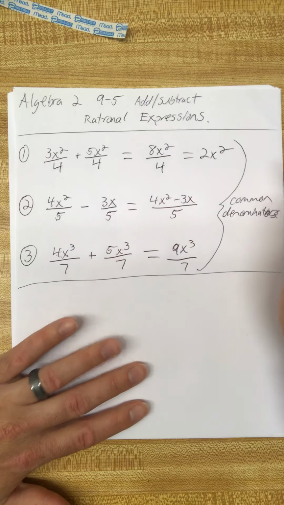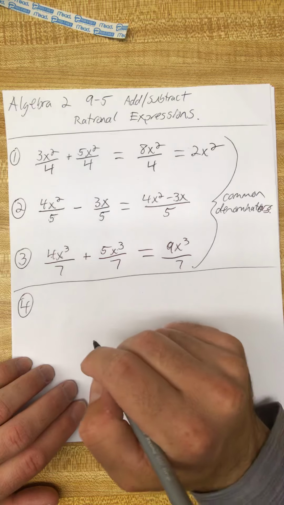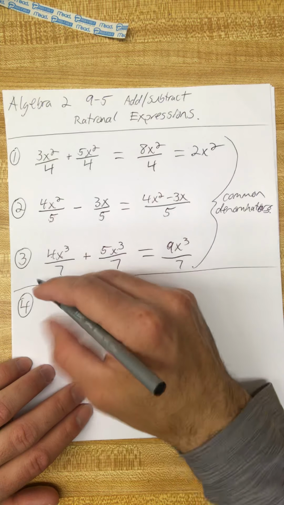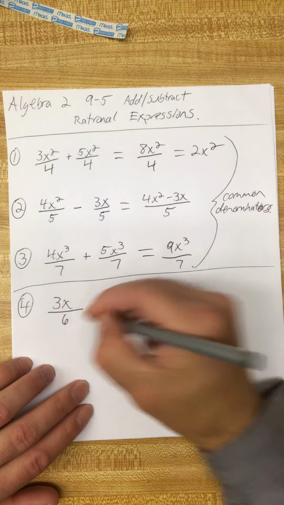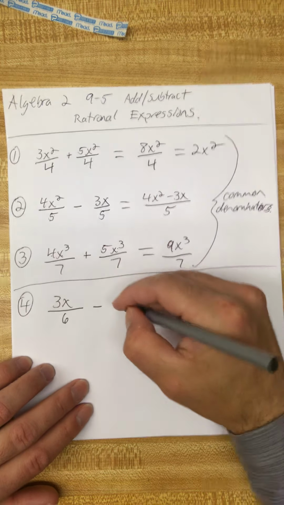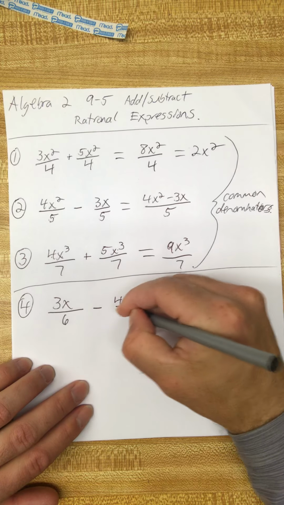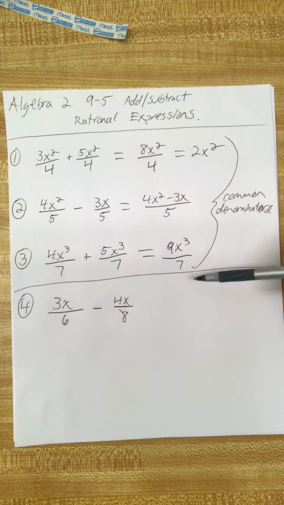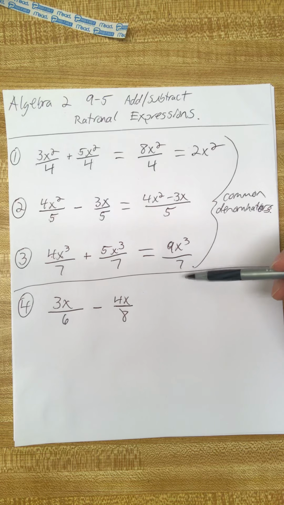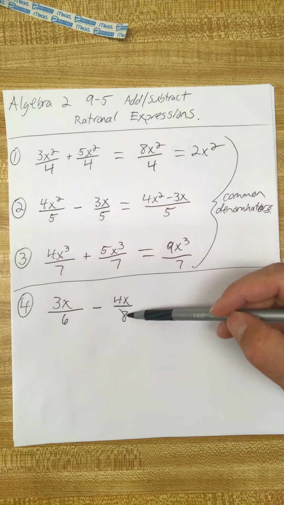Okay. Moving on then, though, let's say we end up with something like this. All right, we can't subtract these right now, okay? Right now I have a denominator of 6 in the first fraction. My second one, I have a denominator of 8.